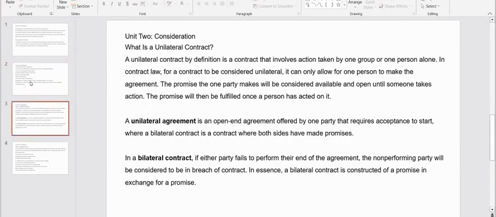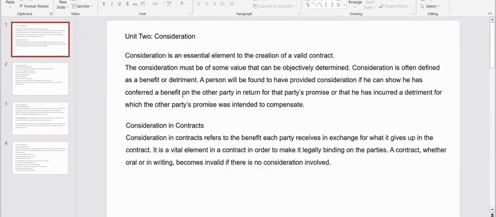So as you can see here, consideration in contract refers to the benefit of each party in exchange for what is given up in the contract. It is a vital element in the contract, in order to make it legally binding. That means a contract that both parties agree upon and sign, whether oral or in writing, becomes invalid if there's no consideration.